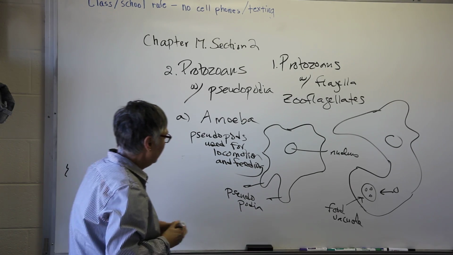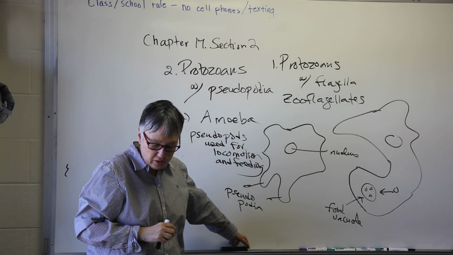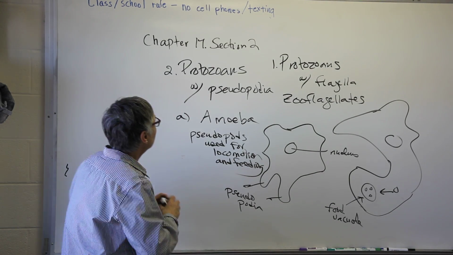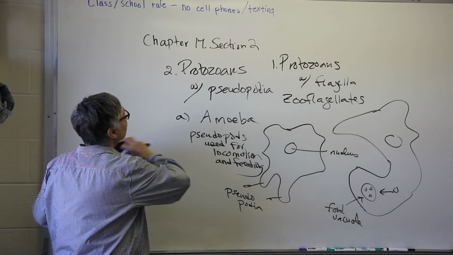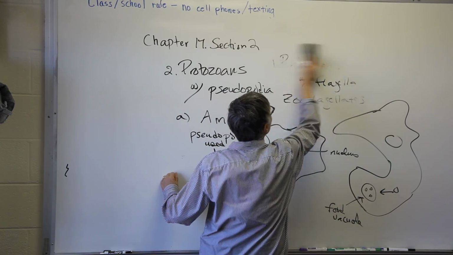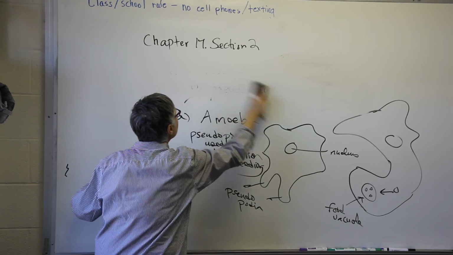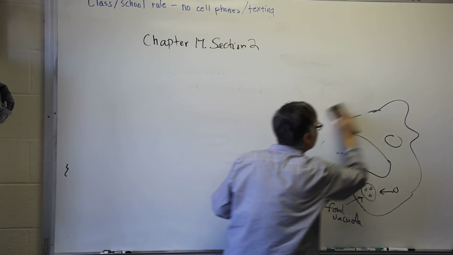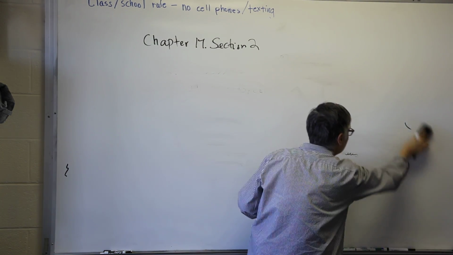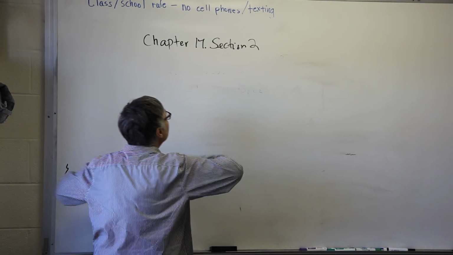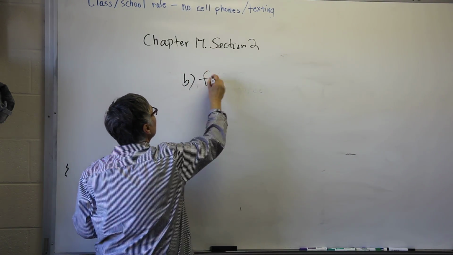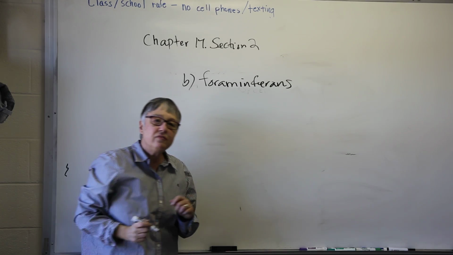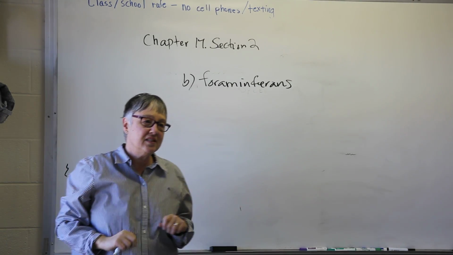A second group of protozoans that use pseudopodia are actually, there's a couple diagrams of this group in your textbook. The second group are called foraminiferans. Your textbook abbreviates that as forams.